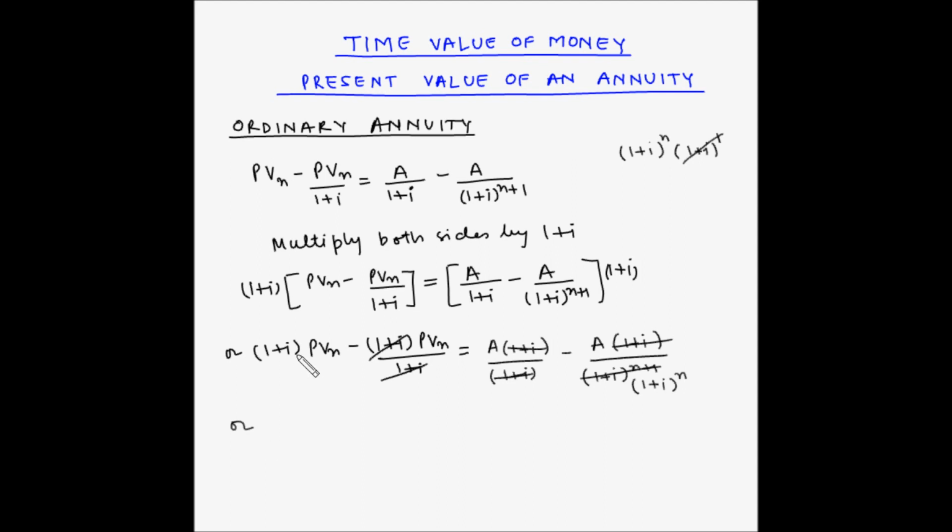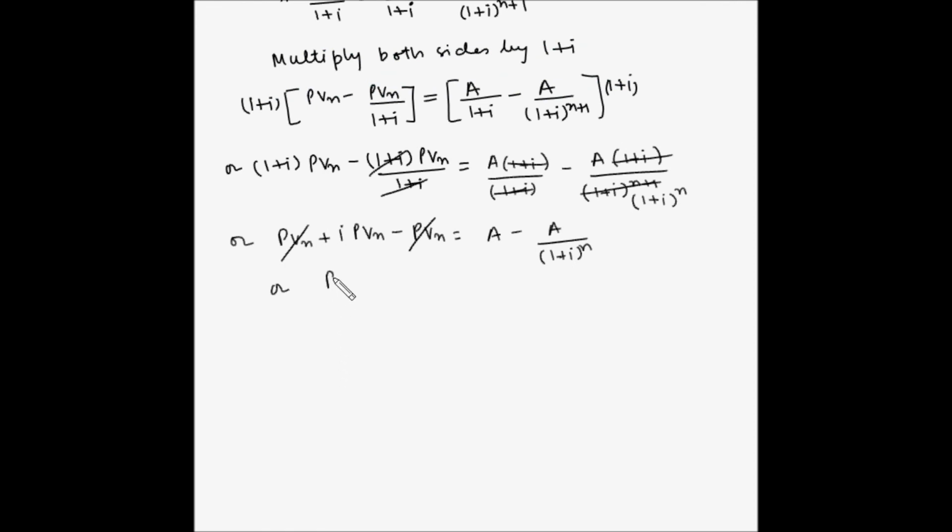Now let's open this bracket also. So 1 into PVN is PVN plus I into PVN minus PVN is equal to A minus A divided by (1 plus I) to the power n. So this PVN gets cancelled, or PVN is equal to, now we'll bring this I on the other side, and at the same time we'll take A as common.